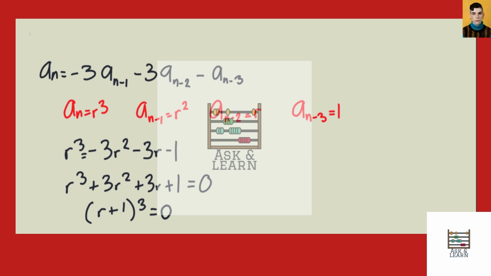So this means that our roots are negative 1, but with multiplicity 3, right? So 3 times.